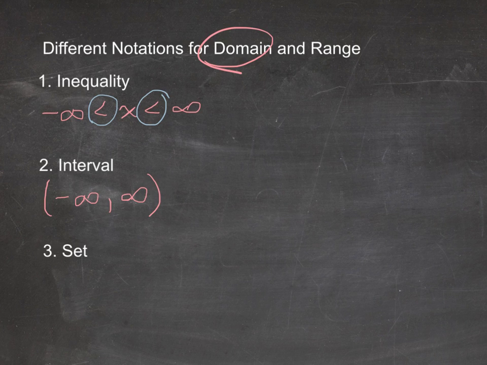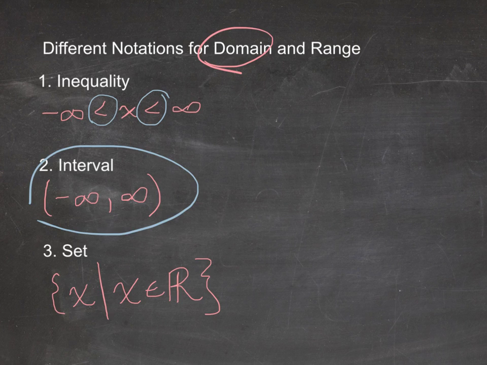In set notation, I use curly brackets and say x, my domain is all my x's such that x is in the set of real numbers, because it can be anything. So these are 3 different ways to write domain and range, and this was just the domain that I rewrote here. The one that I like the best is interval notation.